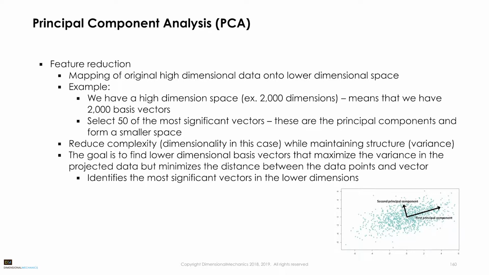Obviously you're compressing a whole bunch of dimensions into a single vector, so by nature you're losing information. That's just how it works. But the way PCA works is it tries to reduce the amount of information loss in the process of calculating that principal vector. So that's what we're trying to do here.